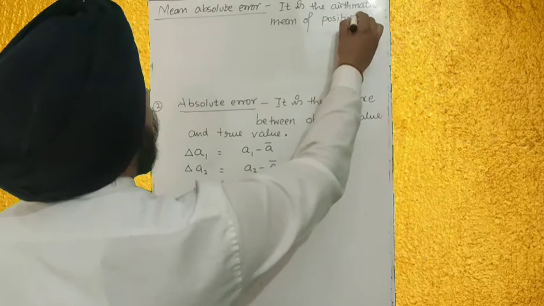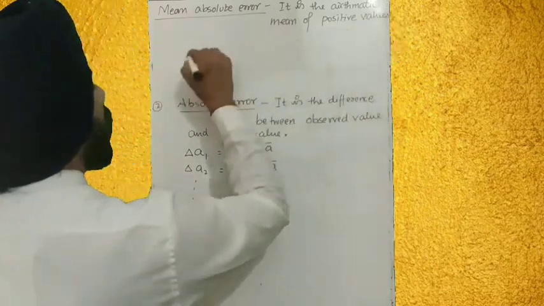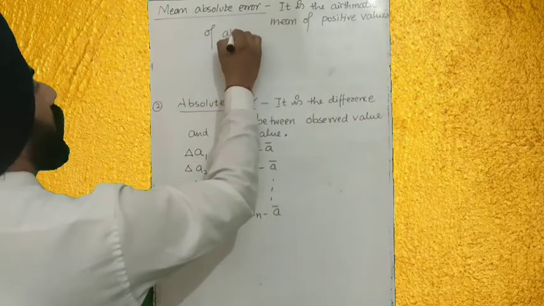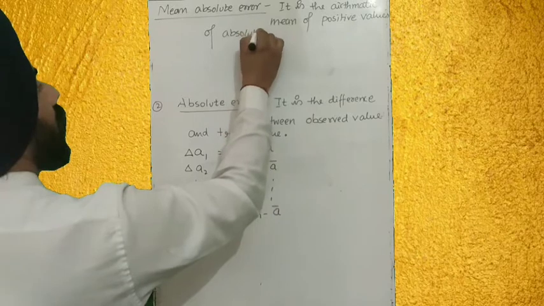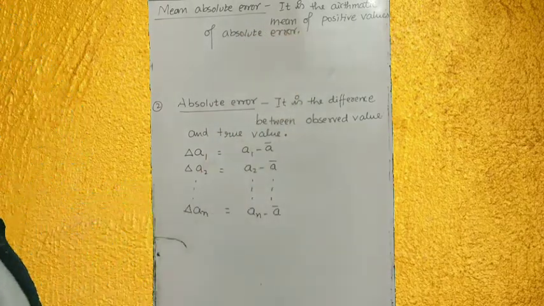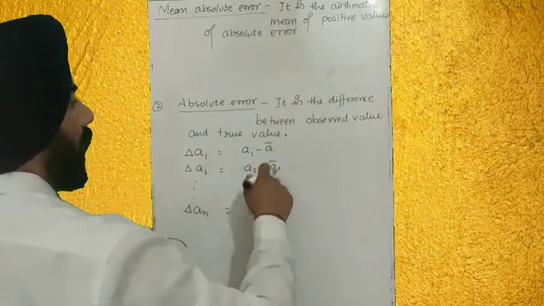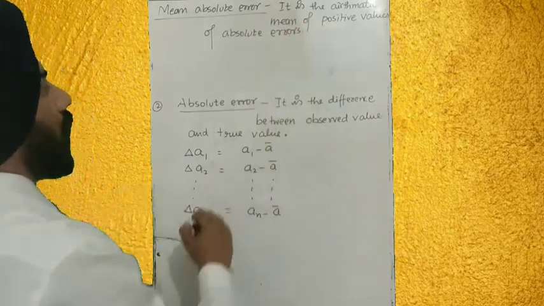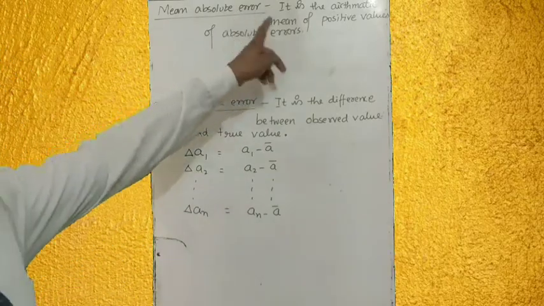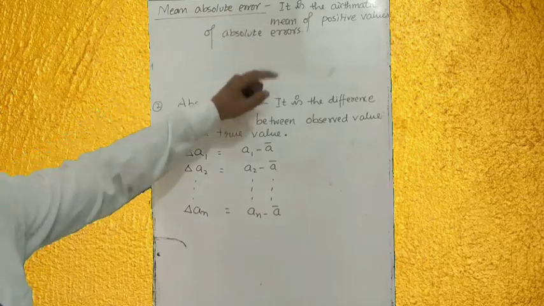This you have to remember. So whatever absolute errors you got from the last topic, the arithmetic mean of their positive values will be called mean absolute error.